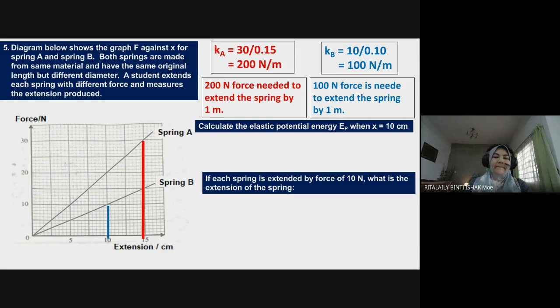I think it is for both spring A and spring B. What is the elastic potential energy? Ashley?